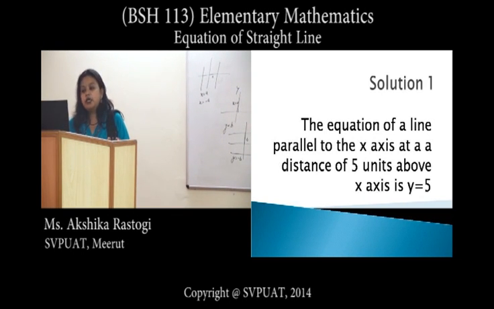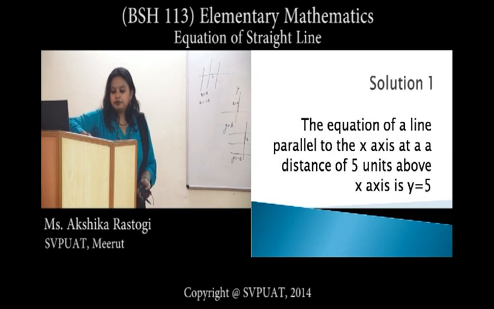Similarly, if we have a line below the x-axis, then nothing will change, the distance will not change, only we have to put the minus sign. So minus and plus will tell about above, below or left or right.